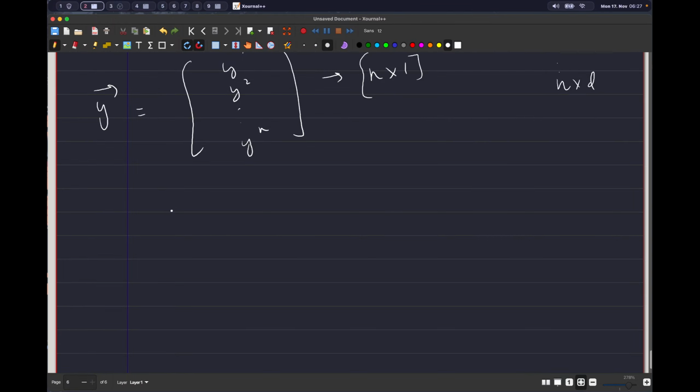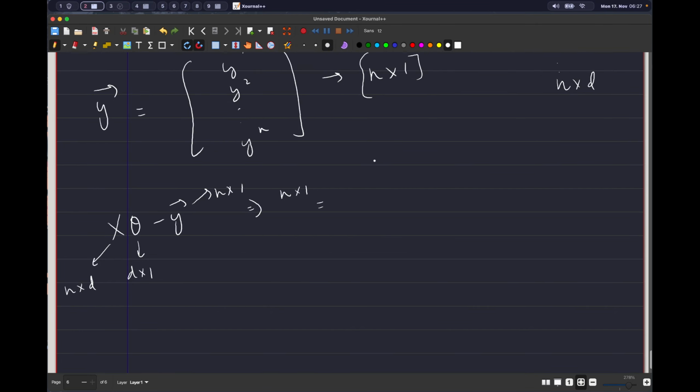Now let's define something called X theta minus y. So X is n by d, theta is d by 1, and y is n by 1. When you multiply them together and subtract them, you will get a matrix of shape n by 1.